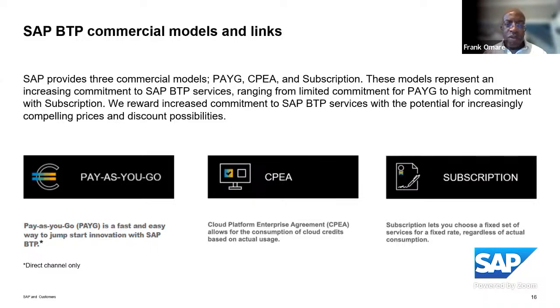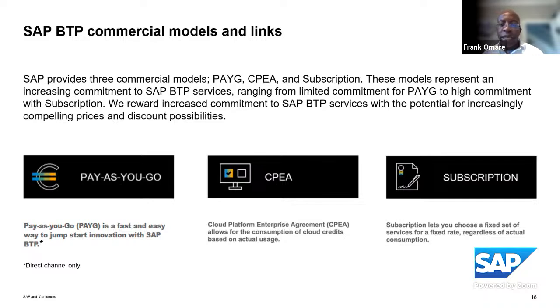I haven't got time to go through this right now, but in terms of the commercial models, there are various commercial models for bringing B2P into the scope of your bill of materials with SAP, either through pay-as-you-go, which is kind of no commitment, and it's a starting point. And it enables you to start your procurement transformation journey very quickly with B2P, and then build up a strategy which enables you to move out to CPA or a subscription-based model.